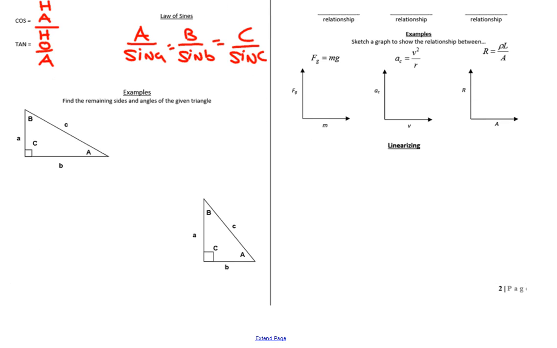So if we're working it out, find the remaining sides and angles of the given triangle.